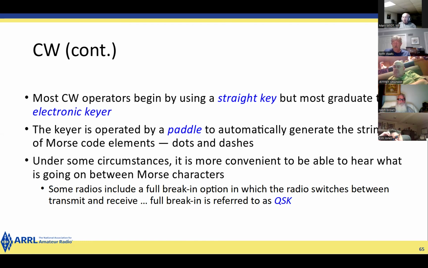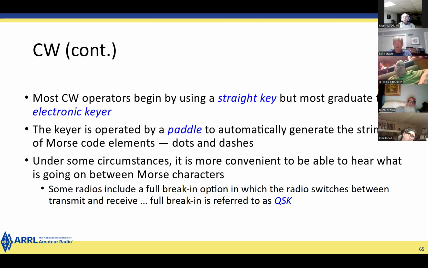Now, most radios are set up for QSK operation, which means that they can hear between the letters. You can listen between the letters. Some radios are better at this than others. I've got a 10-Tec that I use that is very good at that.